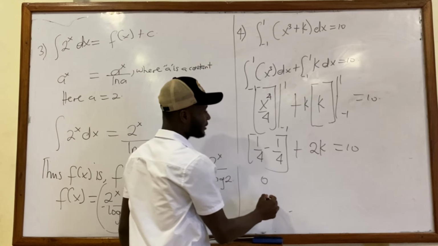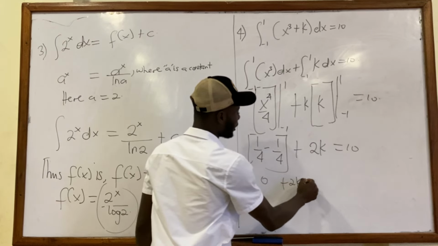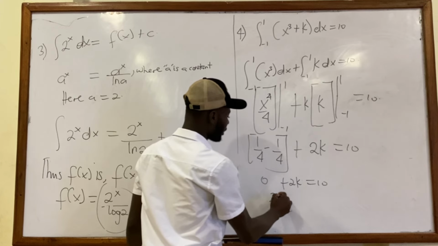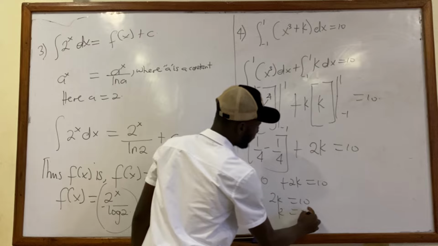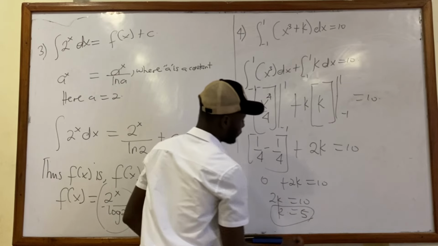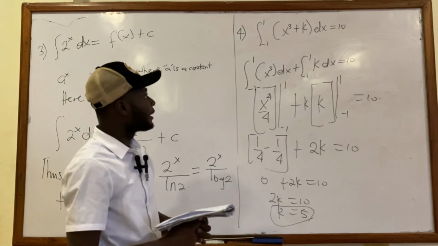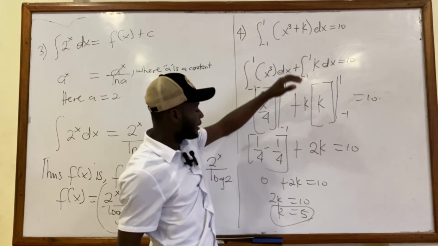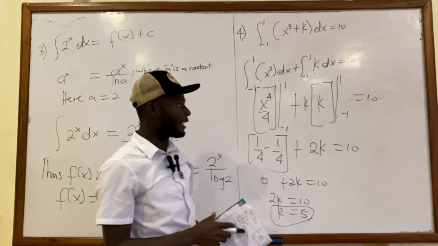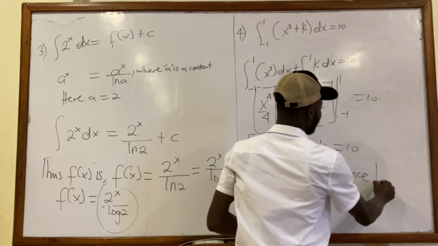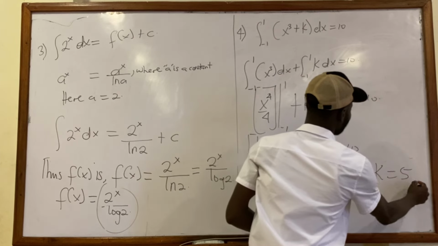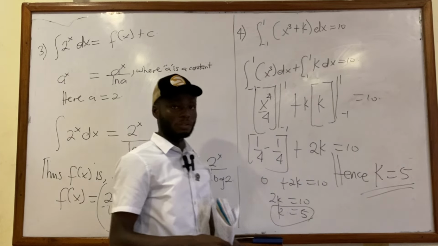So this part gives us 0 plus 2k equals 10. So 2k is equal to 10, and then we have k equals 5. So the value of k in this particular problem is equal to 5. Hence, k is equal to 5.